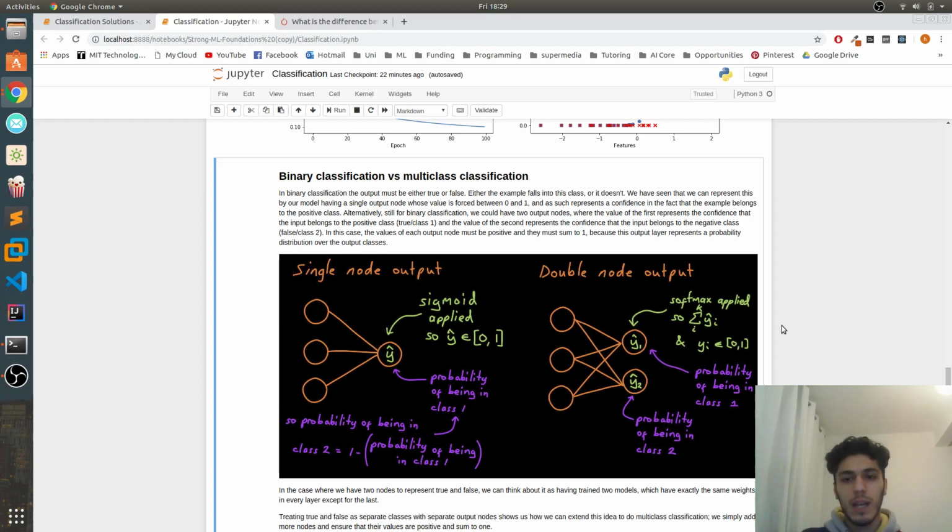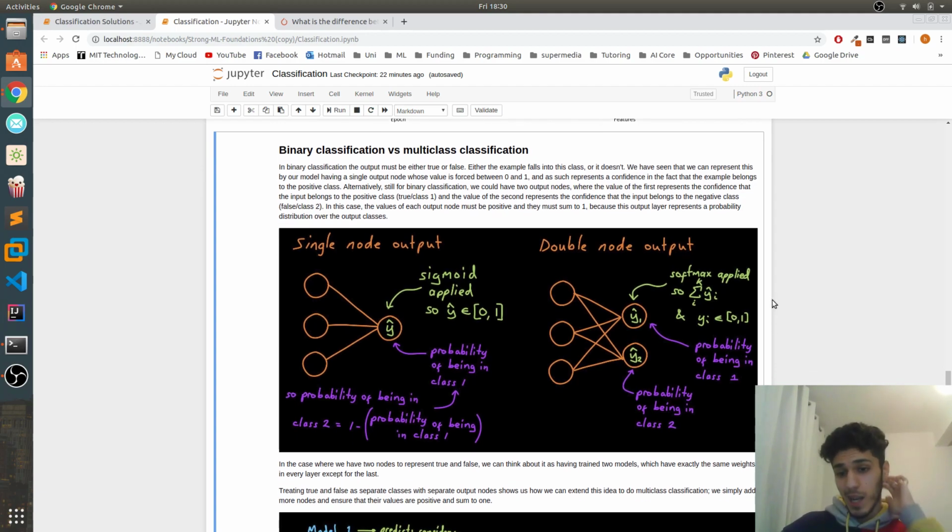For example, if I'm looking at images of animals and I see a dog, it definitely can't be a cat, right? So if all the classes are mutually exclusive, meaning you can't have one image which belongs to multiple classes, then what we use is the Softmax activation function.